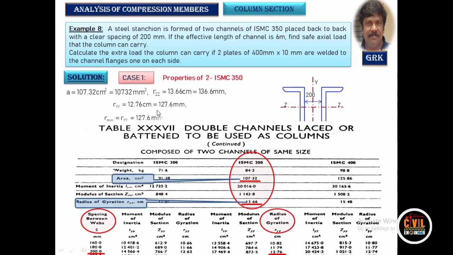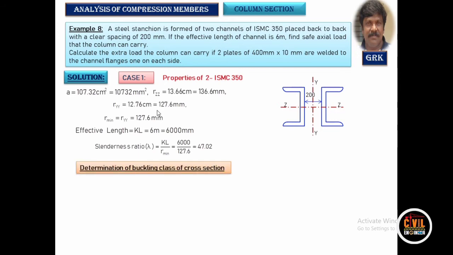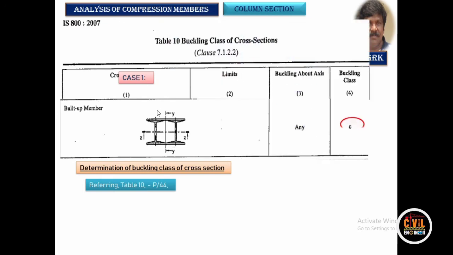The minimum radius of gyration is RYY. The effective length is given as 6 meters. The slenderness ratio is effective length by minimum radius of gyration, it is 47.02. And buckling class, now we are used to this. Since this is a built up section, it lies in class C.